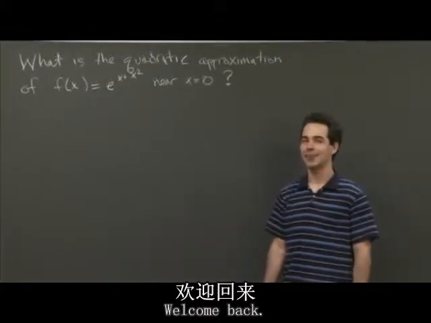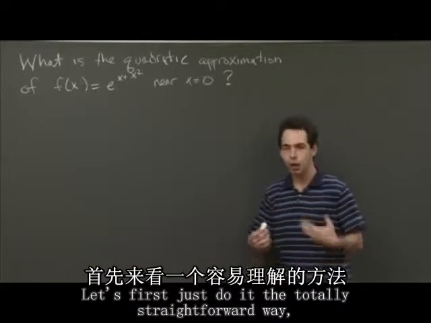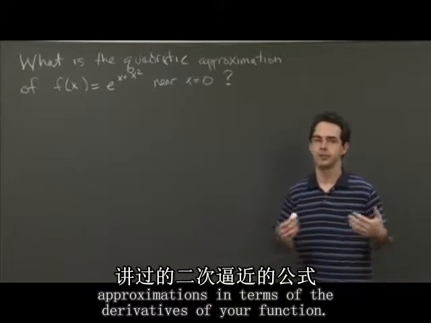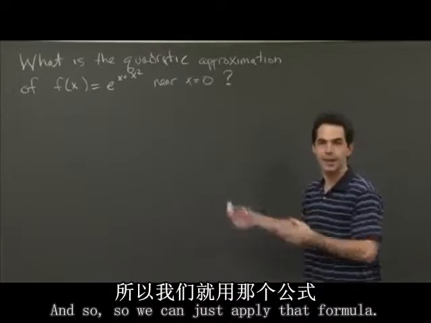All right, welcome back. There are two different ways we can do this problem. Let's first do it the totally straightforward way, which is that you have this formula for quadratic approximations in terms of the derivatives of your function. We can just apply that formula.